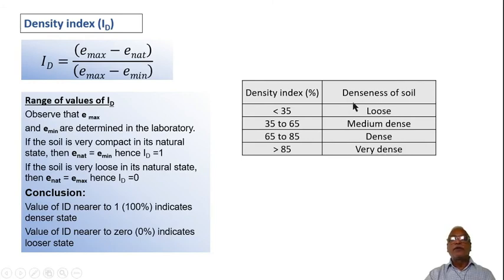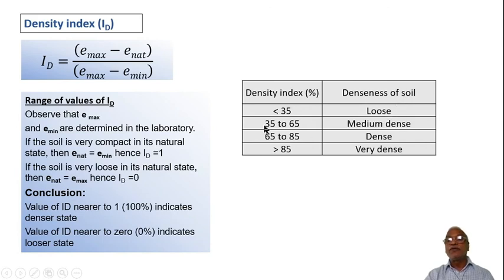Okay, here the table gives you the descriptive words for different values of density index. If ID is less than 35%, means less than 0.35, we can say that the soil is loose.